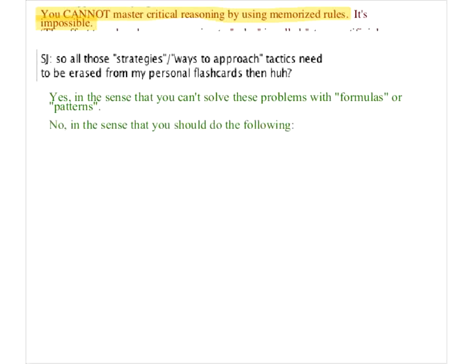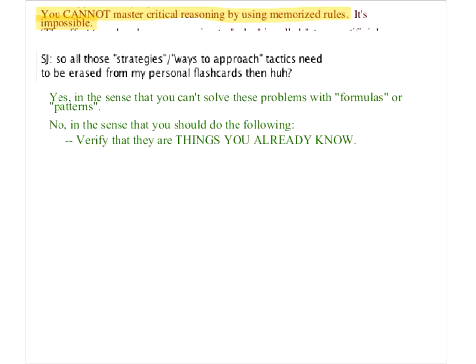The first thing you should do with all the specific things is verify that they are things that you already know. This is going to sound weird to some people here, but every single thing you see as a, quote, critical reasoning strategy, unquote, should absolutely be something that you already know and have known since you were kind of young.